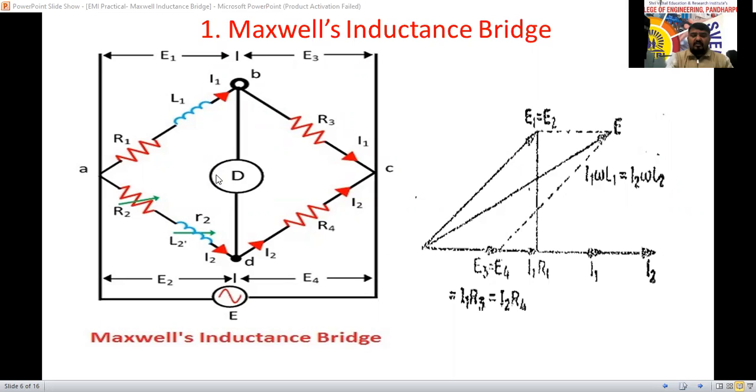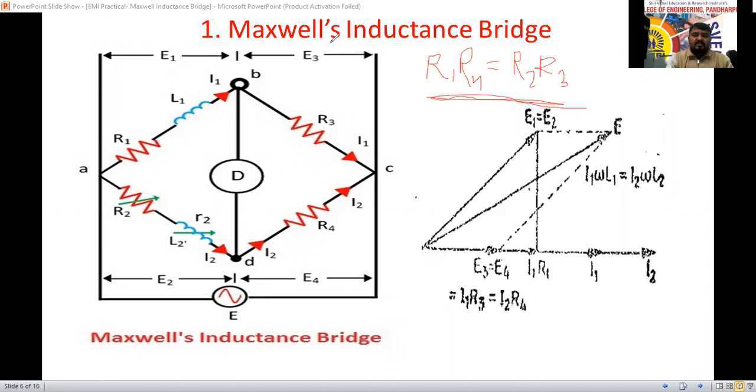We already know the formula for the Wheatstone bridge: R1 R4 equal to R2 R3. This is the basic equation for all the bridges under balanced condition. We are using this for the Wheatstone bridge.